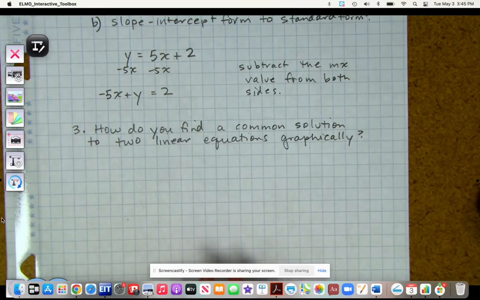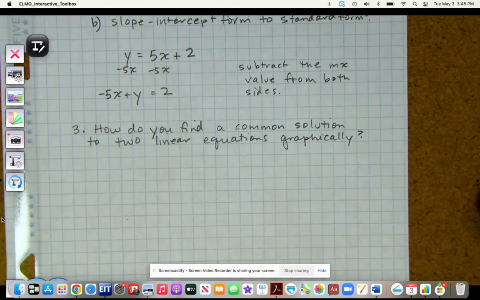Okay, so basically your strategy is just going to be to graph both of them and see if you can figure out where they intersect.